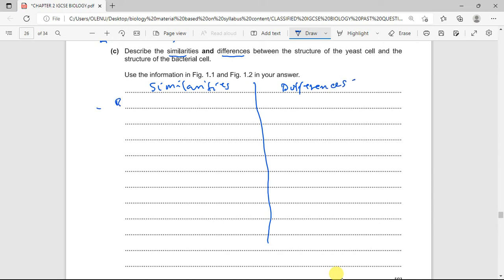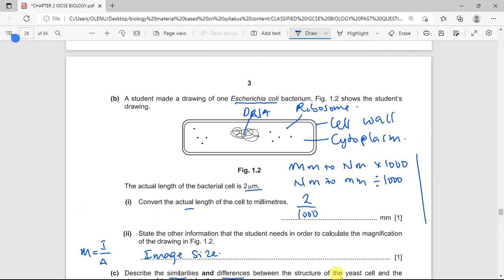Similarities is that both have cytoplasm, both have cell membrane, both have ribosomes, both have DNA.